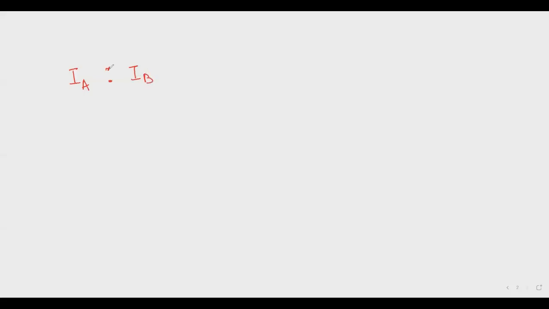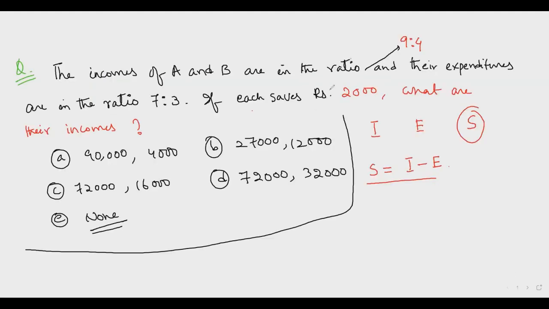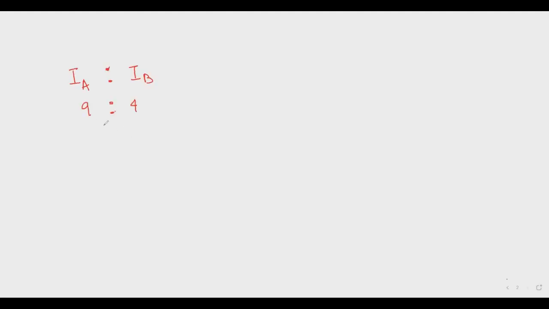Income of A and income of B, the ratio is 9:4. Here they have given 9:4. Now the expenditure ratio is 7:3.